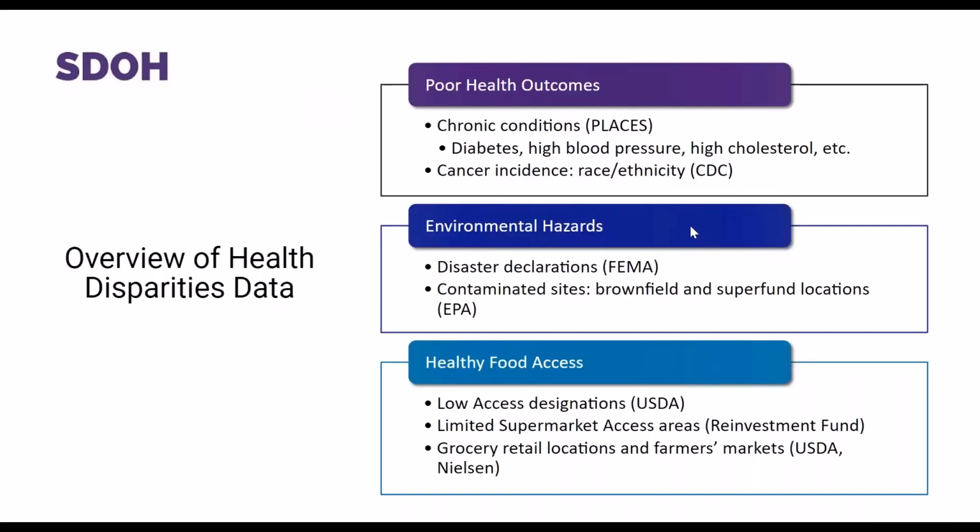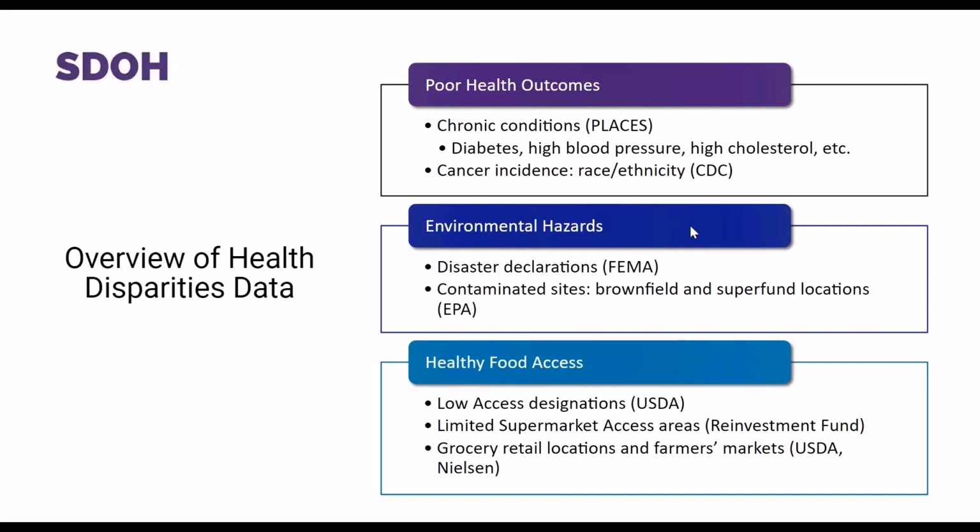Some of the other data that we point to when incorporating this into the curriculum is, of course, the PLACES data from the CDC to find areas where a specific chronic condition is more prevalent, be it diabetes, arthritis, high cholesterol, or where there are high levels of cancer incidence, and that's broken out by different age groups or races and ethnicities.